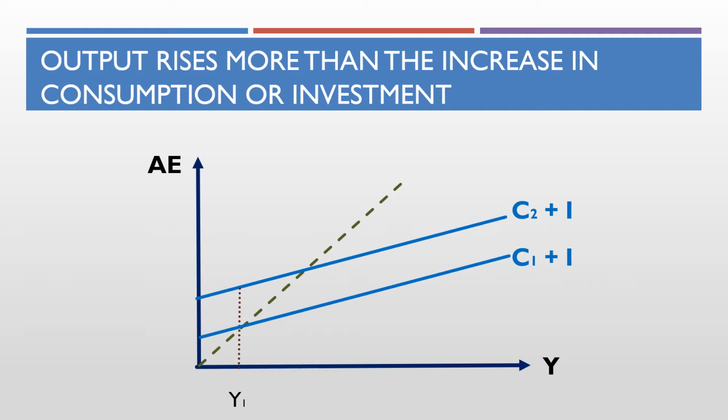So to evaluate this, we would like to compare the distance here. As you can see, the aggregate expenditure functions C1 plus I and C2 plus I will increase by a distance of the height of these shifts. And that's the additional dollars spent in the economy.